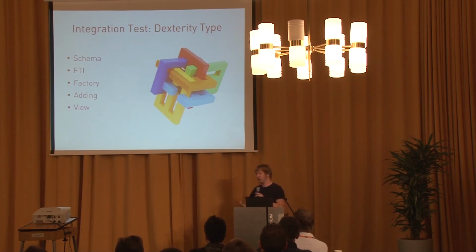I just copy and paste them, because they're all the same if you start writing a new dexterity type. And I always make errors when I write dexterity, because it's a lot better than archetypes, but it's still a bit boilerplate code. So you make typos, you forget things, and if you have these tests, they show you exactly where to look, and it's really fast, because you don't have to test manually.